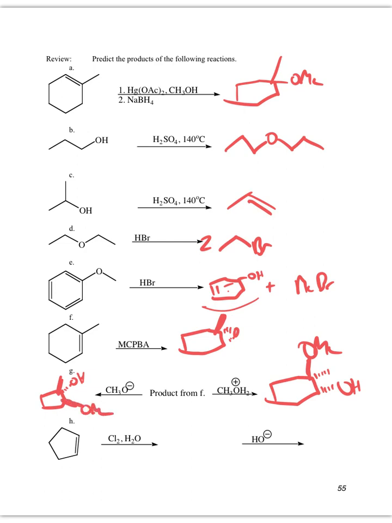And then chlorine and water gives the anti-addition of the chlorine and the alcohol, and then we make the epoxide. Okay. It's not the greatest way to make one, but it will work.